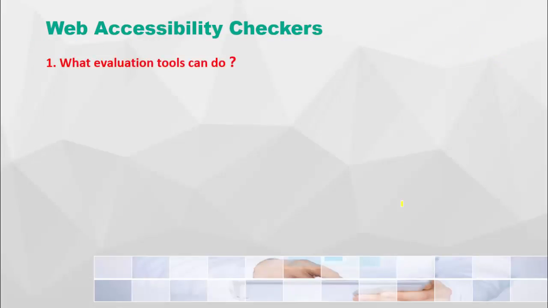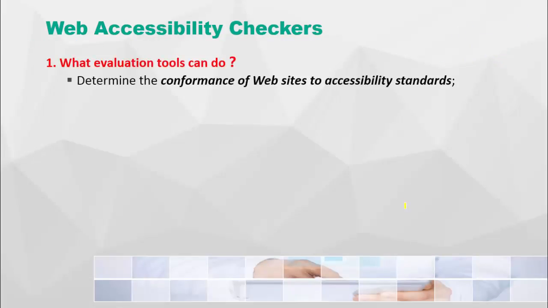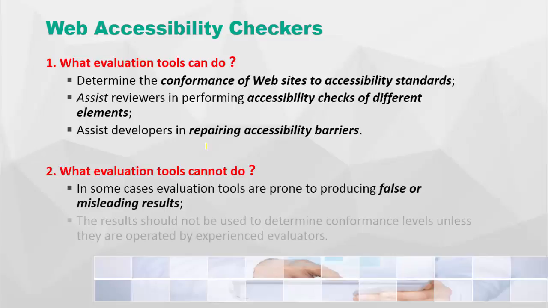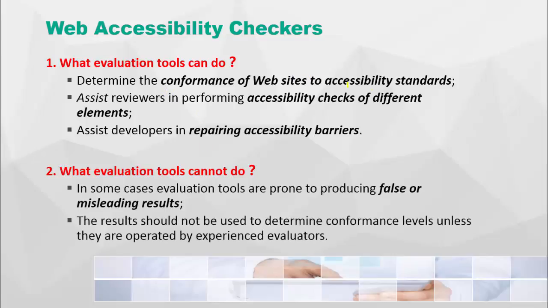Here I want to remind you the evaluation tools are powerful, but they have limitations. Here is what they can do. They can determine the conformance of websites to accessibility standards, and they can assist you to check the different elements individually. And they can help you repair the accessibility barriers, but they may produce false, misleading results.